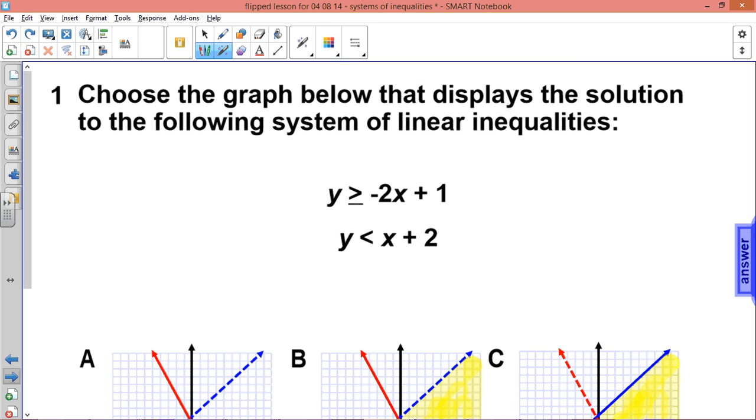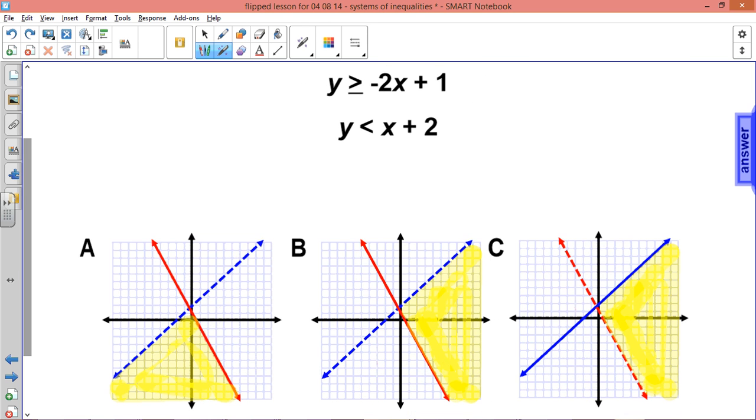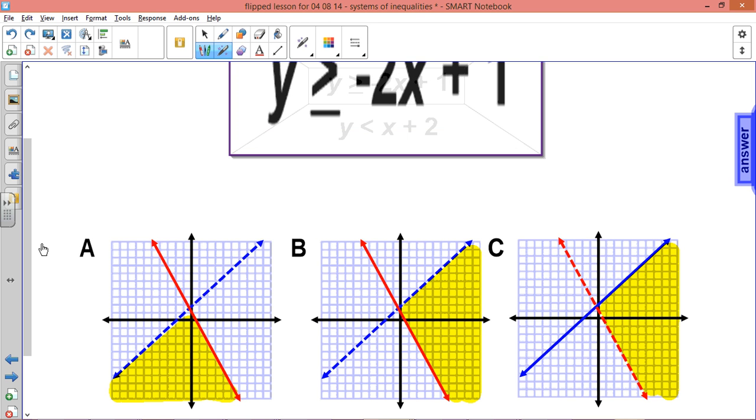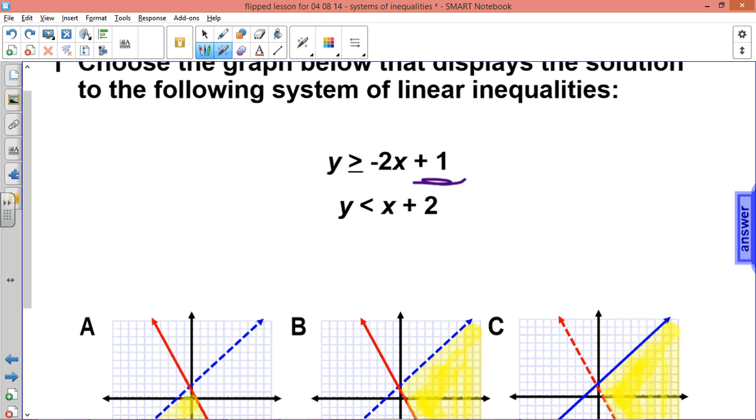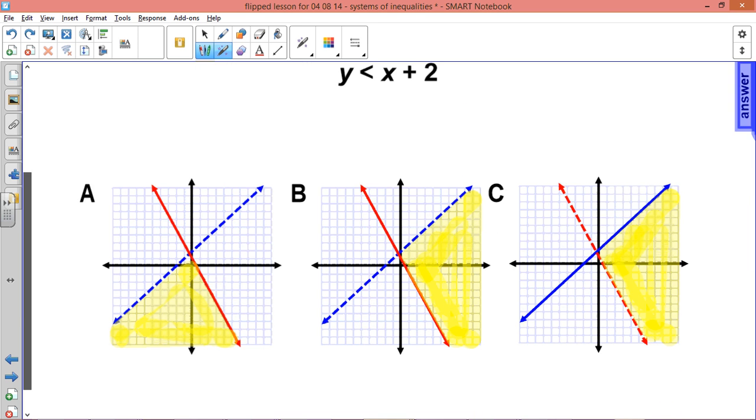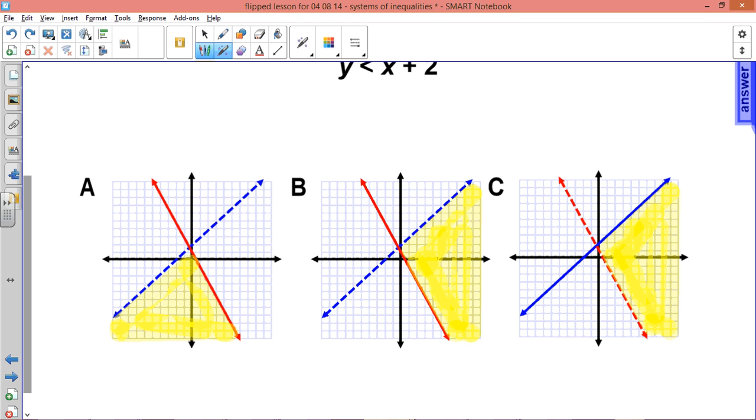Okay, next, I want you to choose the graph below that displays the solution to the following system of linear inequalities. We have y is greater than or equal to negative 2x plus 1. So I know one of my lines has to have a y-intercept of 1 and a slope of negative 2. Which one of these has a y-intercept of 1 and a slope of negative 2?